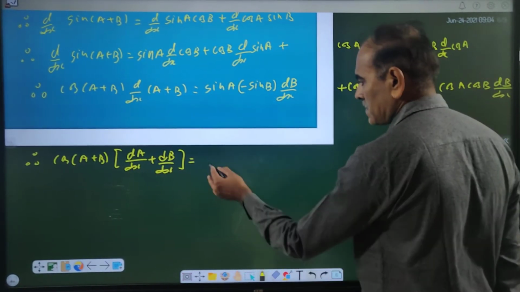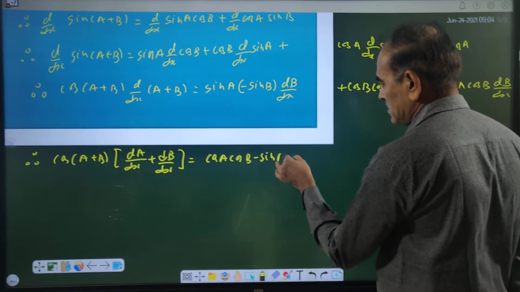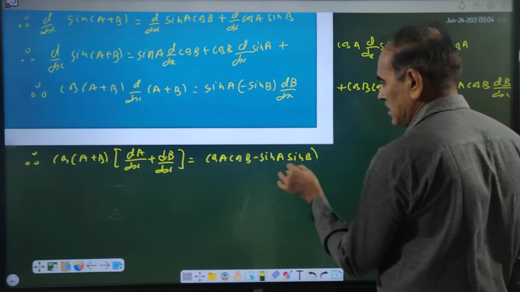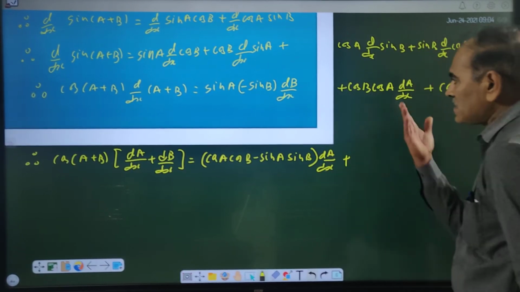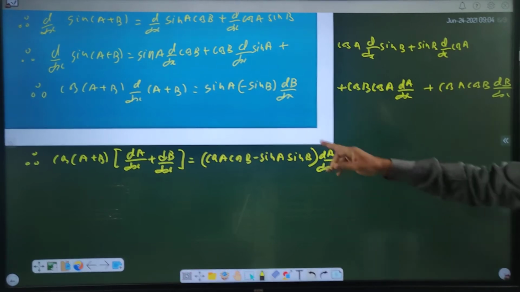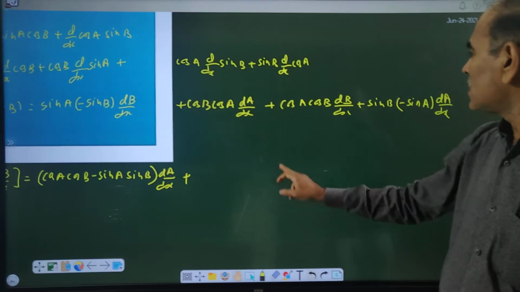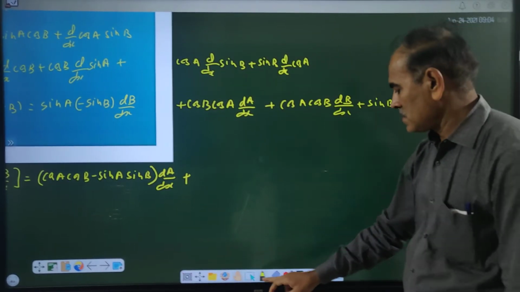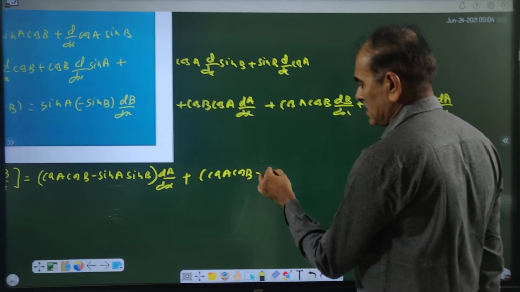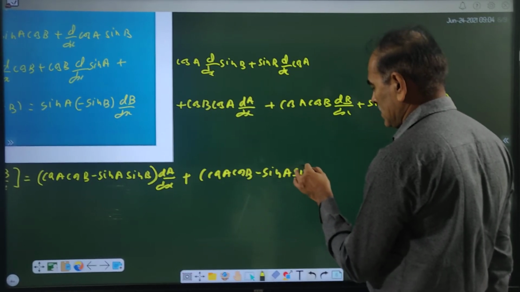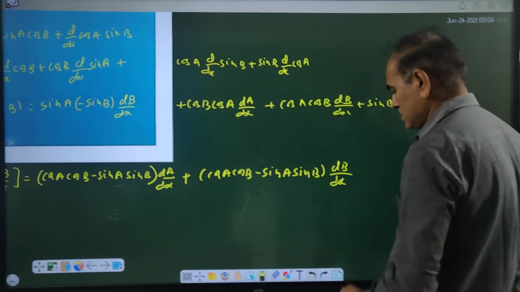So put it in: cos a cos b minus sin a sin b times dA by dx. Same thing for dB by dx: minus sin a sin b dB by dx and cos a cos b dB by dx. So, cos a cos b minus sin a sin b times dB by dx.